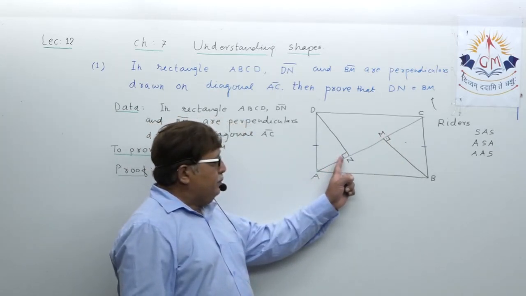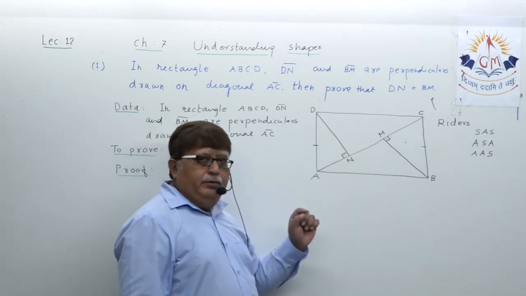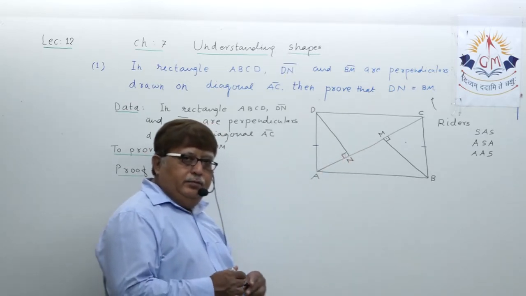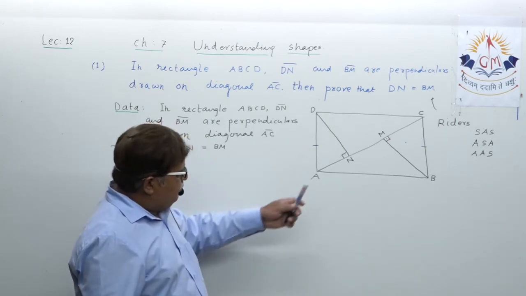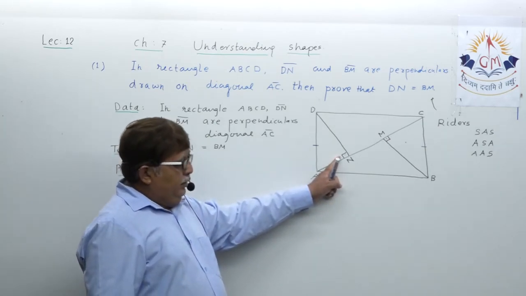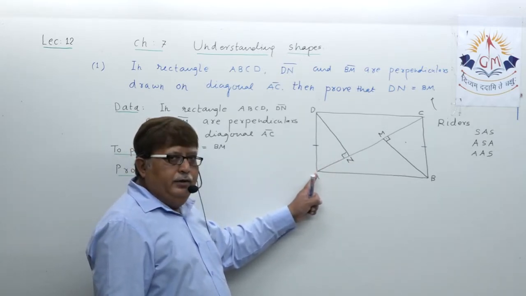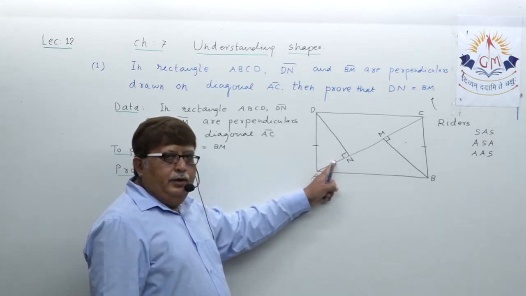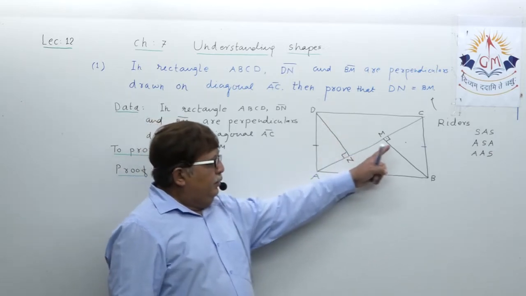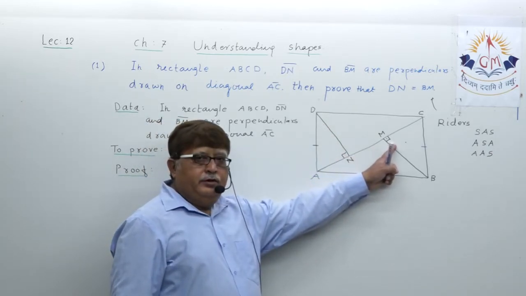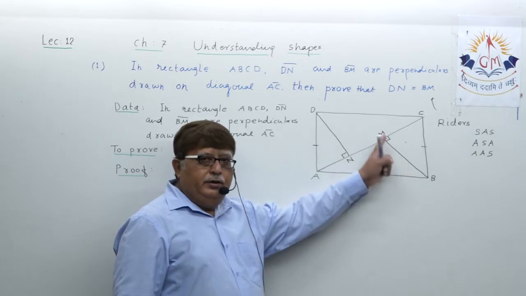So these two angles are equal because they are 90 degrees. Can you speak the name of this angle? Angle AND. Can you name this angle? Angle BMC.